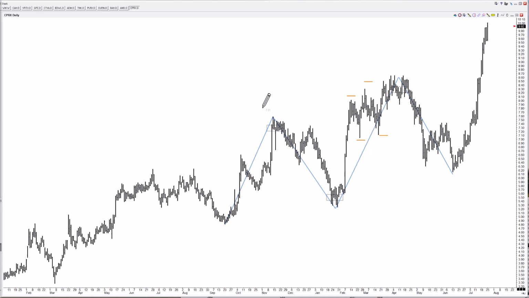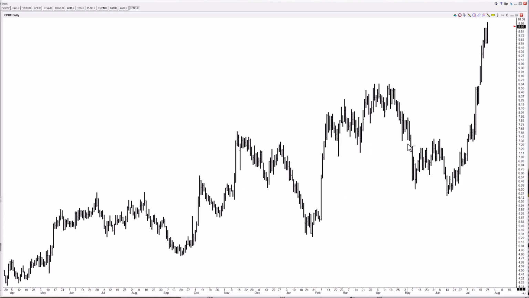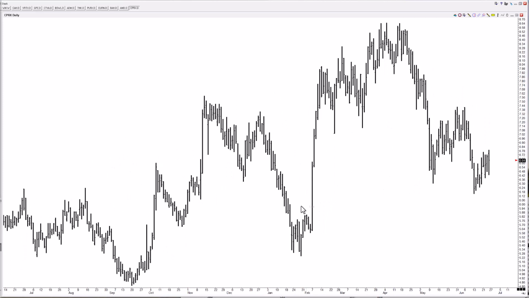And when you're mapping, you just put structure around it, like this. That's a lot different than coming to a chart and trying to figure out what to do based on some indicator.